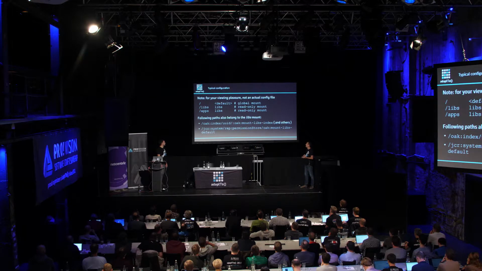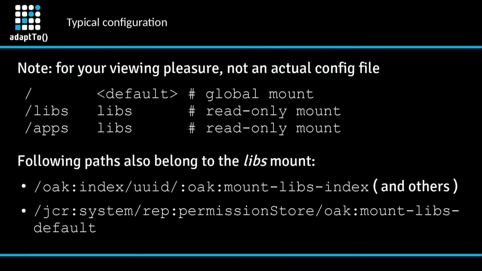Now, what we usually do in Sling and AEM, or what we advise, is that you have a global node store which contains everything, and then libs and apps are mounted as read-only, but they belong to the same logical mount. So we don't have two repositories, one for libs and one for apps, because it doesn't bring us anything. So we take libs and apps together and store them as the same repository.